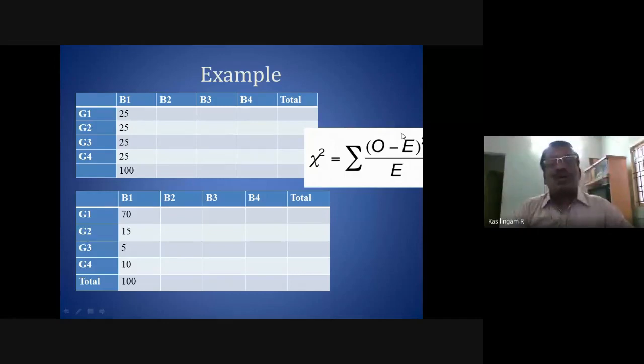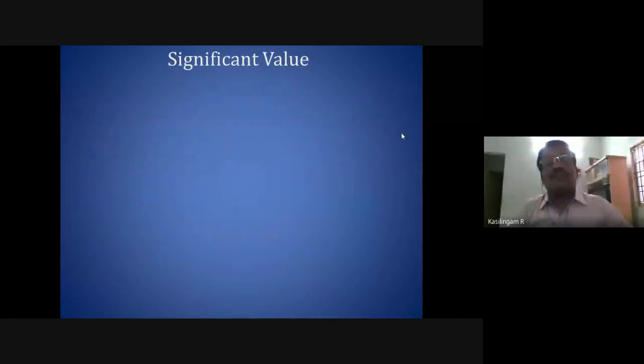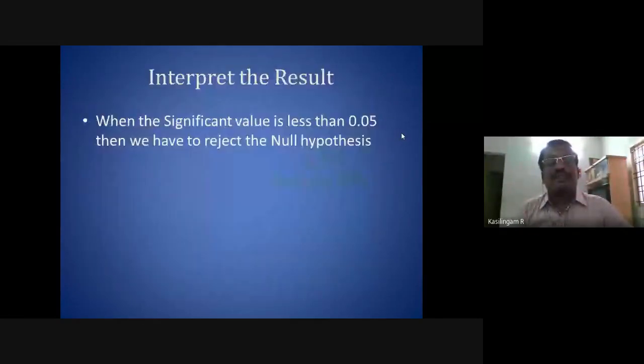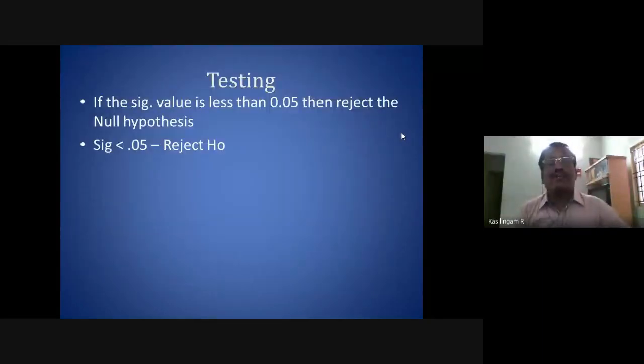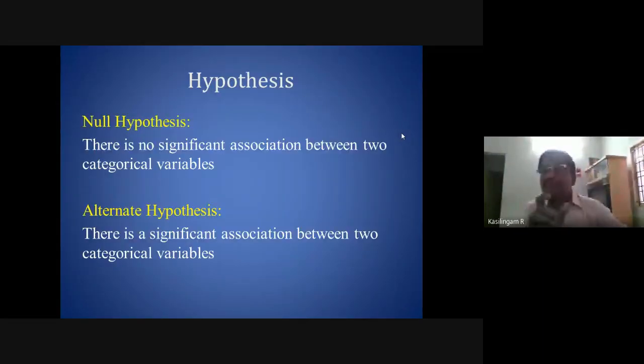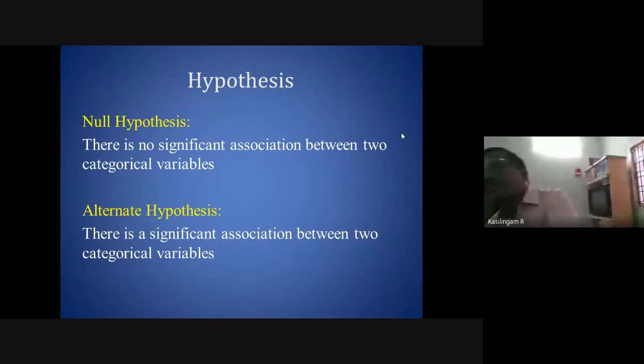Now, when will we accept the null hypothesis, when will we say there is no association? When O equals E. When O equals E, 25 minus 25 is 0.